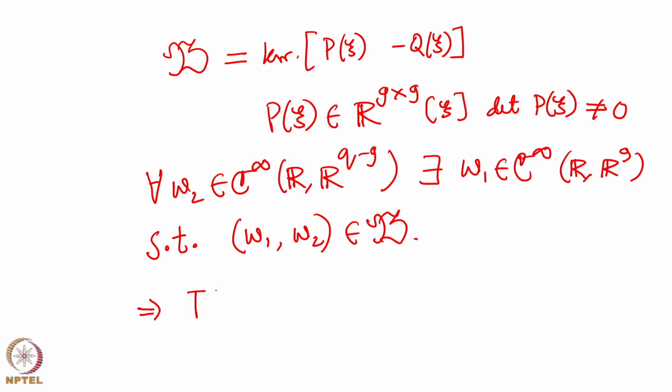This means the projection of the behavior on the W2 part is all of C infinity.